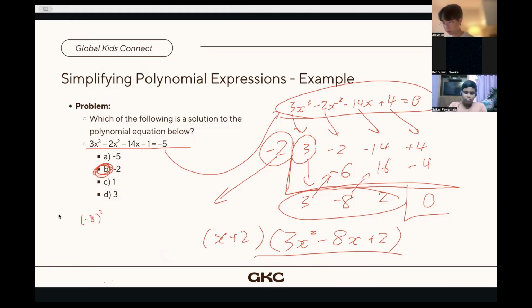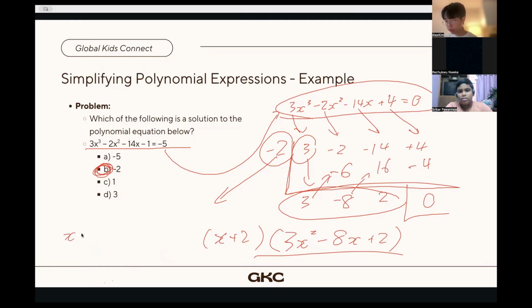So I'll write determinant is equal to -8 squared minus 4 times a times c, so a being 3, c being 2. If we calculate this value, we get 64 minus 24, which is equal to 40. And so it's greater than 0, and so there will be two solutions. Let's try to find the solutions.